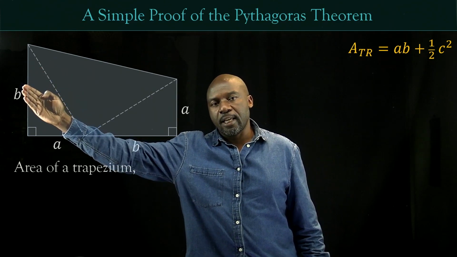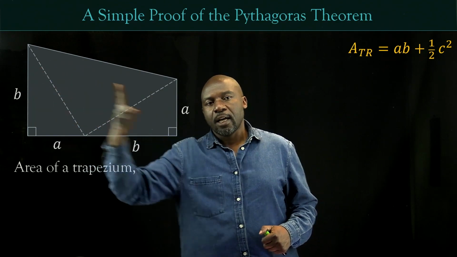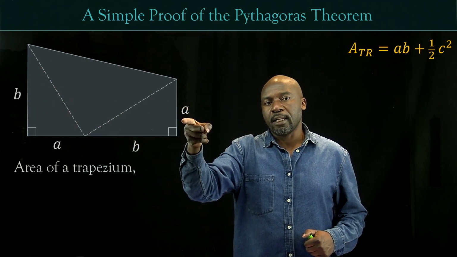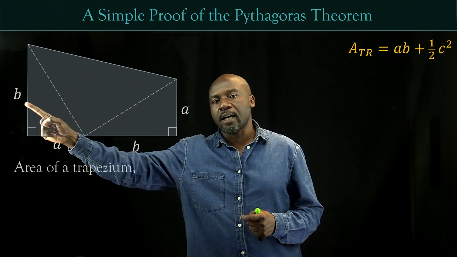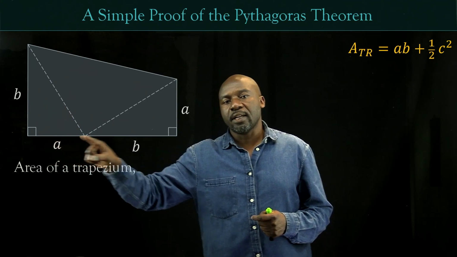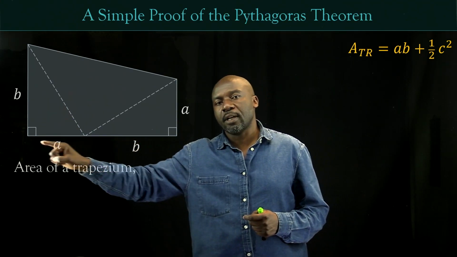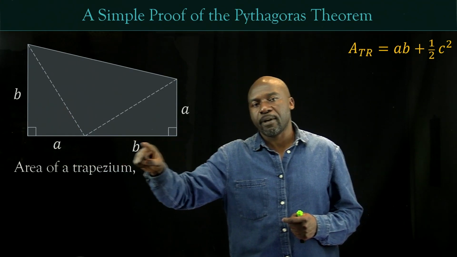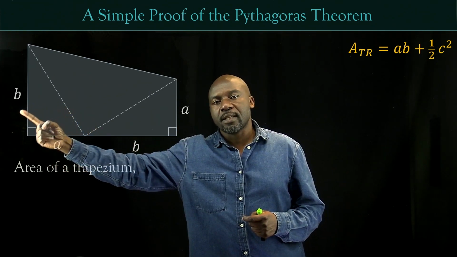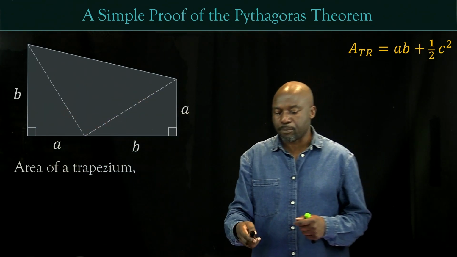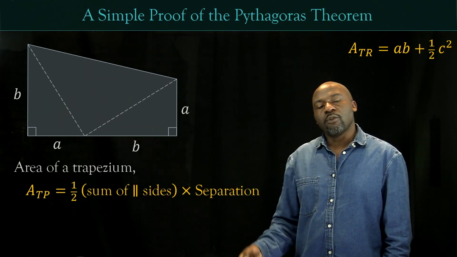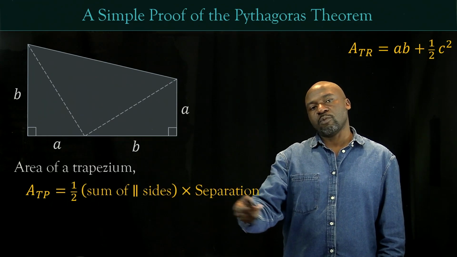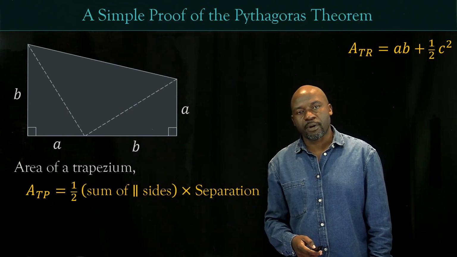So side B here and side A here are parallel. So we do half times the sum of the parallel sides times the perpendicular distance between them, which is also referred to as the separation.